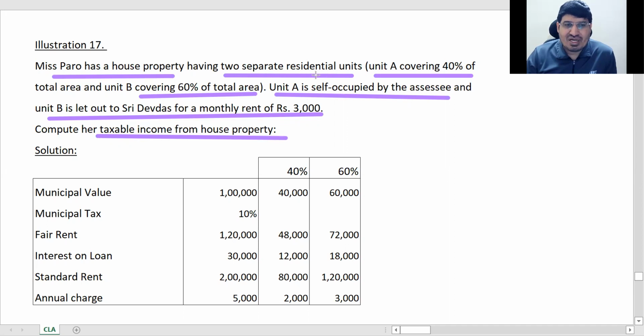Now here you have been given a monthly rent of 3,000.